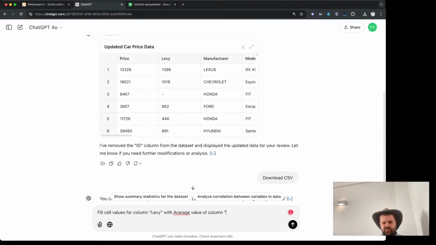And you see, I also use these quotes, and we will definitely talk more about prompt engineering, but the quotes and the way you write your prompt is kind of important. So: fill the cells for column levy where value is minus, like that. And I hope it will write the correct code. We'll see.